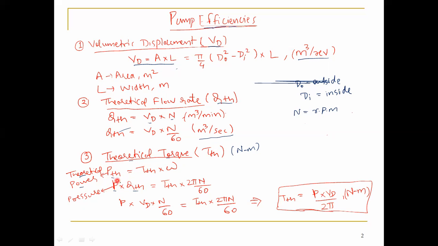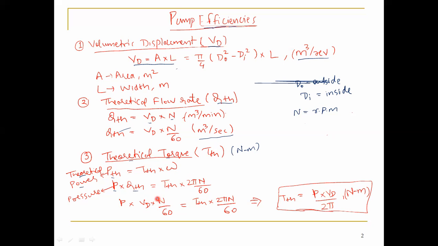From where am I getting this formula? We know that power is equal to pressure into discharge, and that discharge I am writing as theoretical discharge. On the right hand side, I will write T theoretical into 2 pi n by 60. Omega I am writing in terms of 2 pi n by 60. We substitute Q theoretical, which is volumetric displacement multiplied by n by 60.